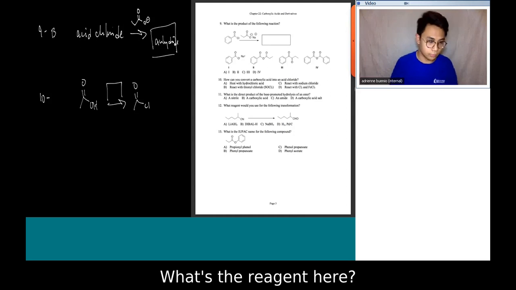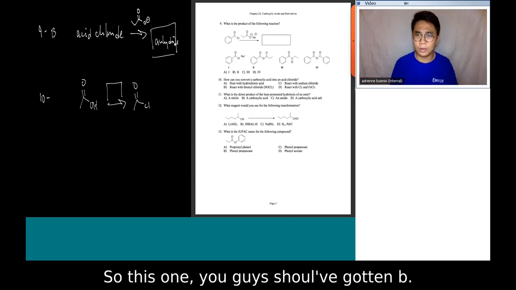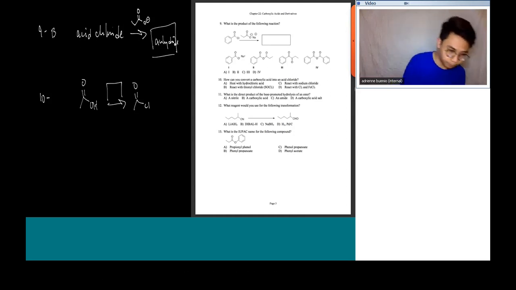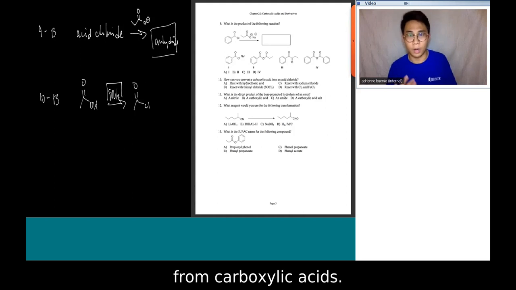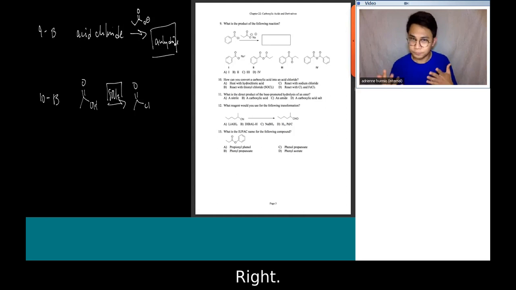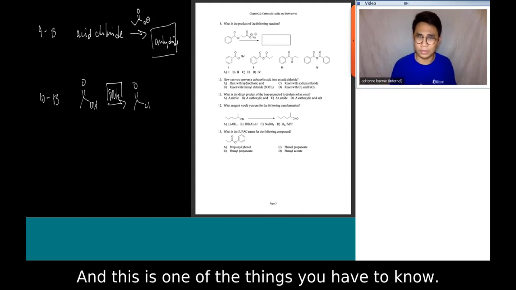So what's the reagent here? This one, you guys should have gone B, because that certain reagent will make acid chlorides from carboxylic acids. And that's just one of those things you have to know.